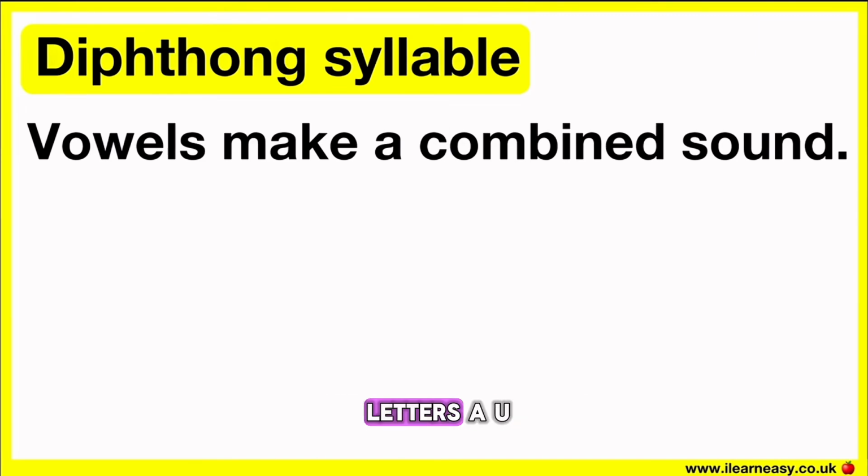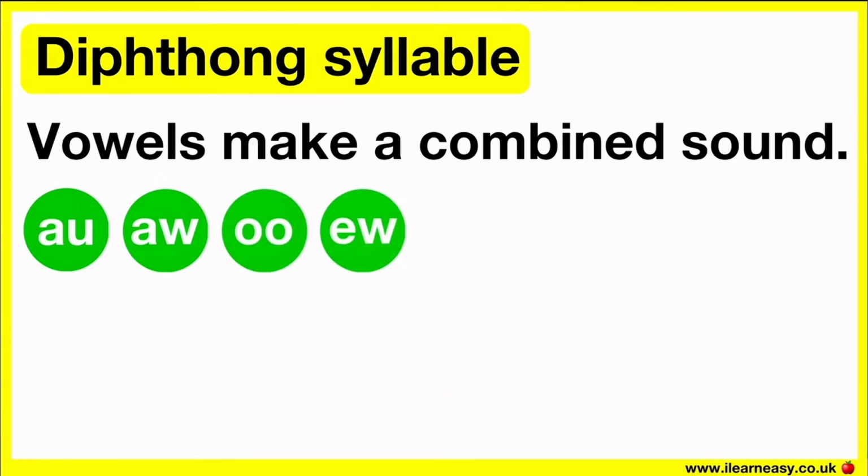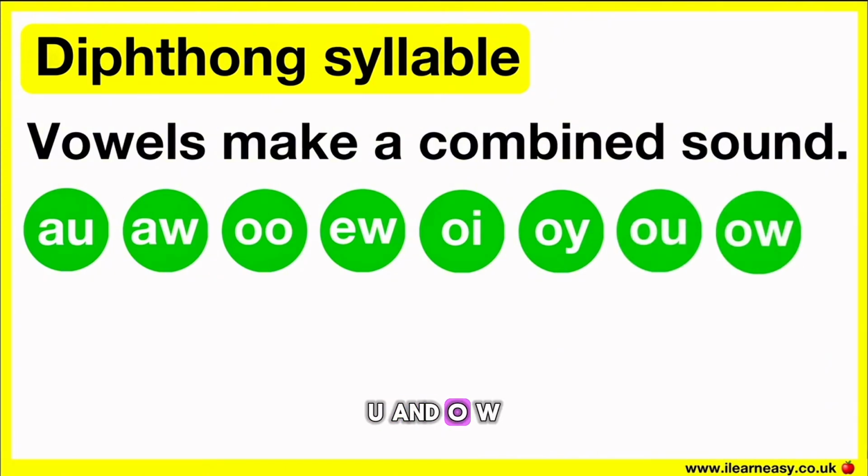This applies to the letters AU, AW, OO, EW, OI, OY, OU, and OW. Although the letter W is not usually a vowel, in some combinations it makes the same combined vowel sound.